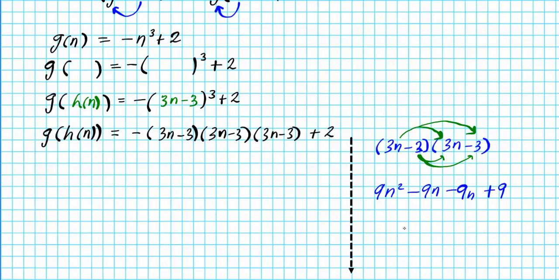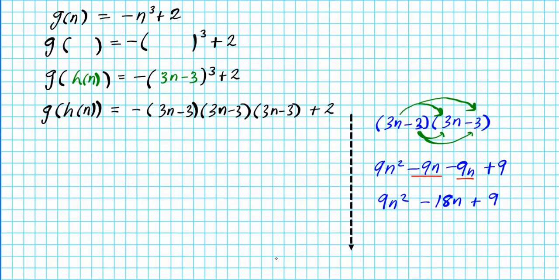Now the middle terms are like terms, first degree variables in terms of n. So we have 9n squared minus 18n plus 9. Now what we need to do next is multiply it by the third, 3n minus 3.